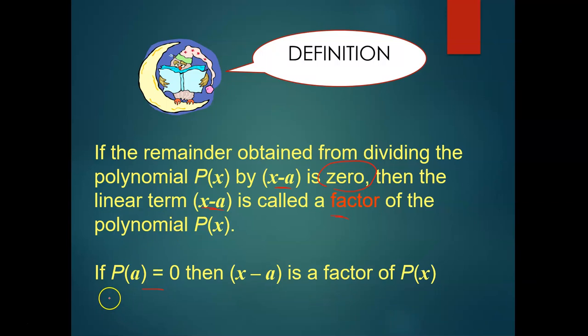But just now in the remainder theorem, P(a) equals R, then this is the remainder theorem, and x - a is not a factor of P(x). Okay, different.